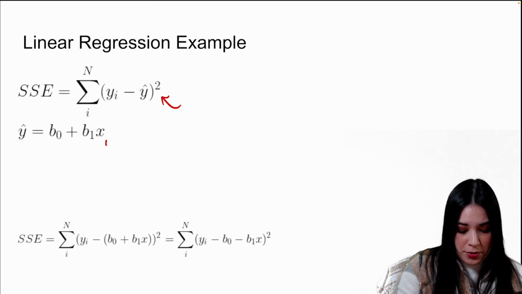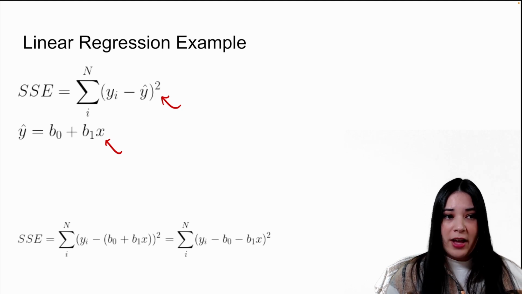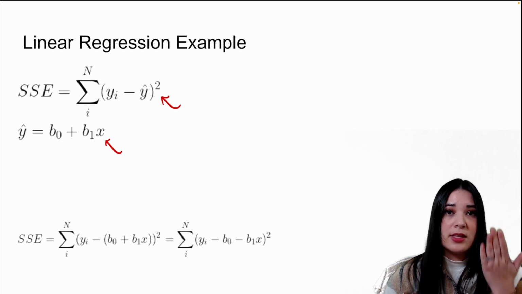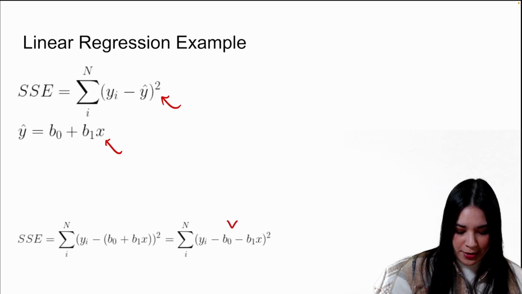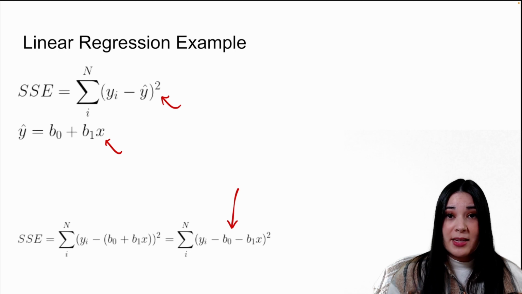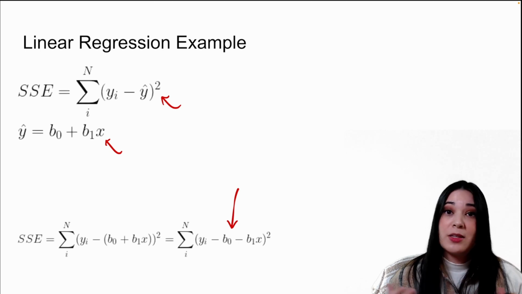Of course, we know that linear regression makes predictions using this formula. The predicted value is going to be the intercept plus the coefficient times our predictor. When I plug those 2 together, you can see the math here. This ends up being the final version of our loss function that incorporates the way that linear regression makes predictions.